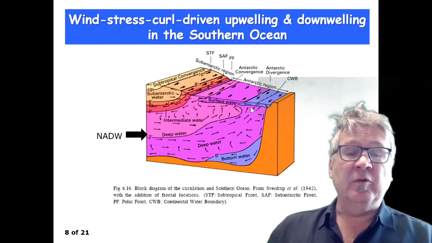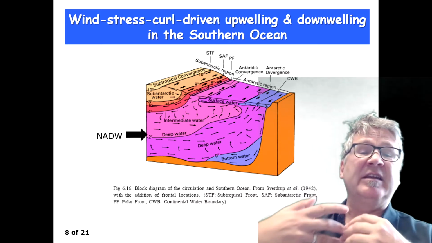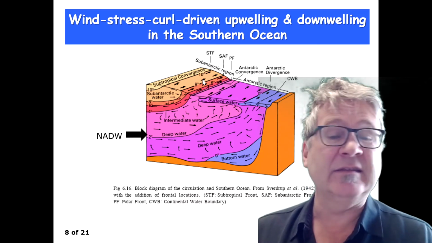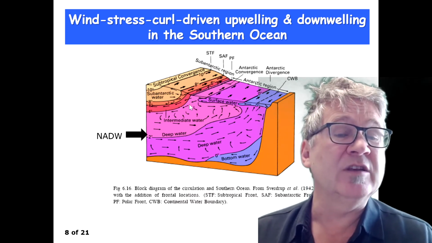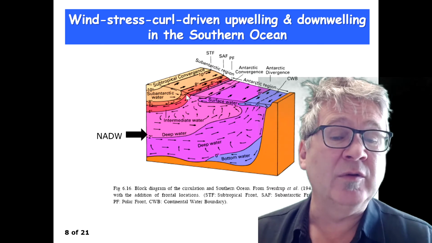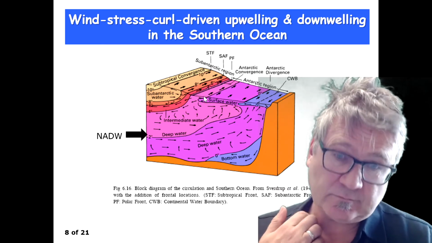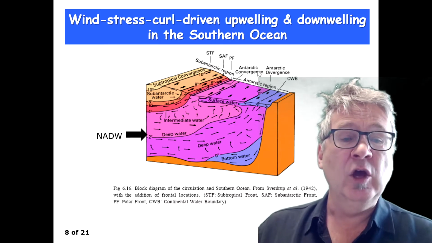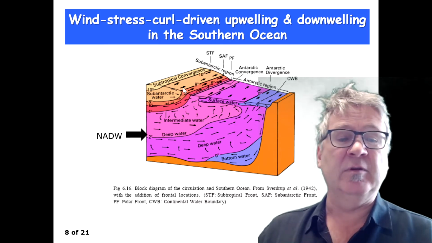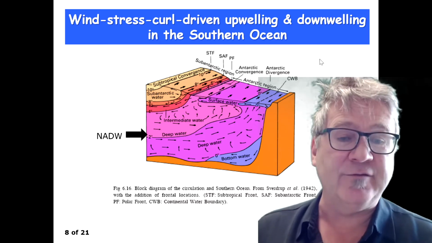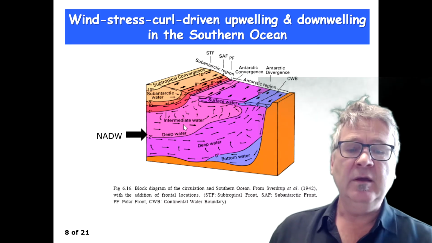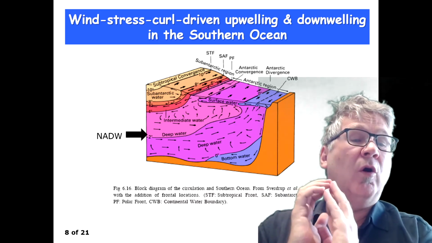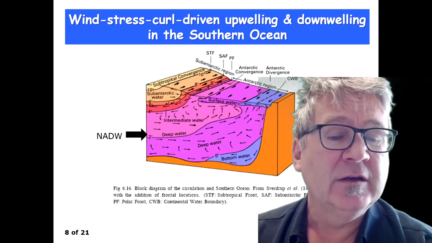Also, what's inferred here is actually the downward pumping, and this is the intermediate water. This one is pumped in the zone which is known as a convergence zone. Okay, you can see Antarctic convergence, and you can see one zone which is called Antarctic divergence. What it also does, it actually creates something we call fronts.